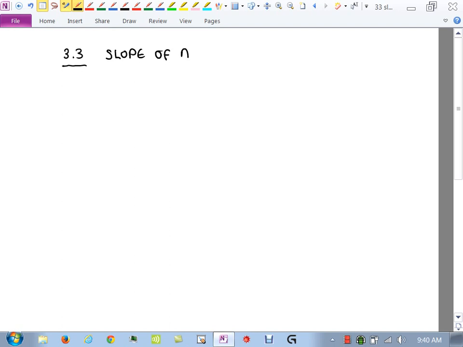We're going to talk about something called the slope of a line, also known as its rate of change. And I'm going to try and motivate this idea with an example, something that we might be able to connect to a real world situation.